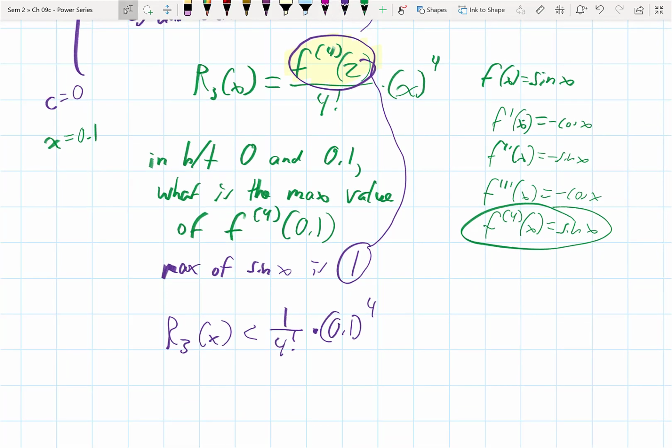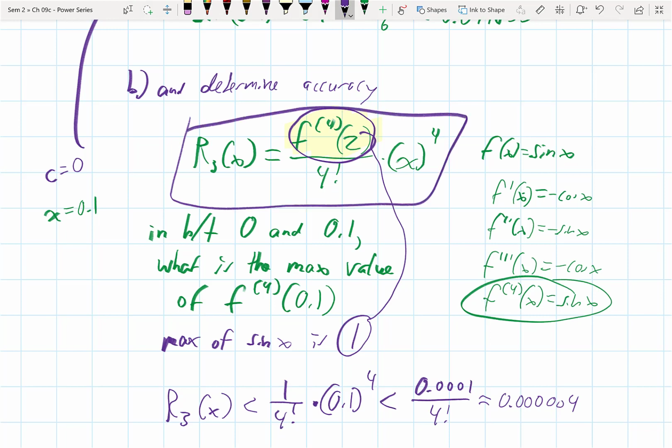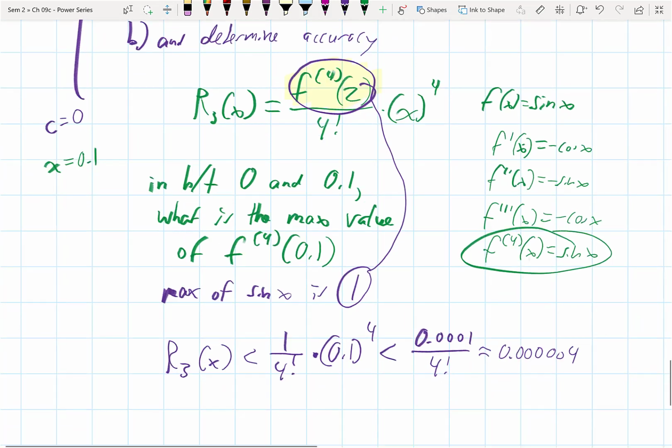If I clean that up, I get that it's less than 0.0001 over 4 factorial, and that is about 0.000004. So that's the idea behind this. We're trying to use this formula here to figure out what's a bound that we can create.